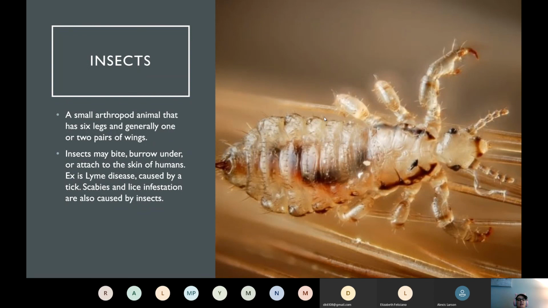Insects can bite, they can burrow, they can attach, and they can cause infections, from lice to Lyme disease to scabies. So humans can be affected by insects.